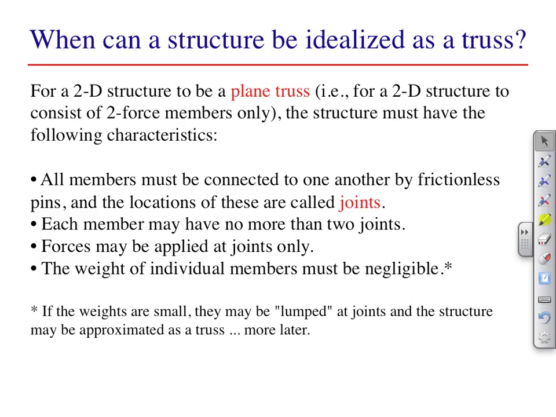Again, this is yet another variation of the requirement that there be no intermediate loads between the ends. In fact, the last three bullets here are all variations of the same requirement. The second bullet imposes no intermediate internal forces, the third bullet imposes no intermediate external forces, and the last bullet imposes no intermediate external forces due specifically to weight.